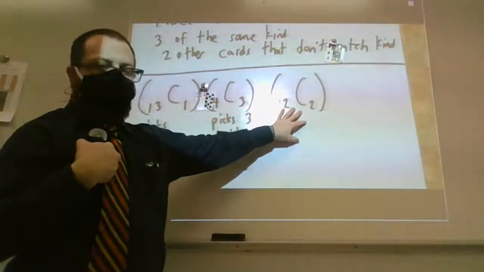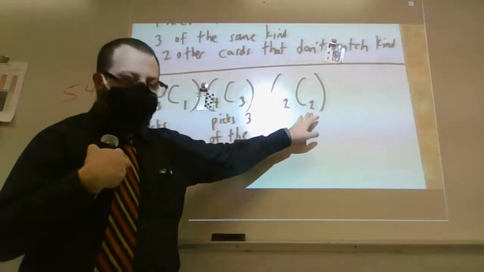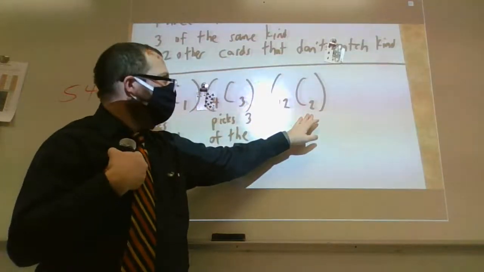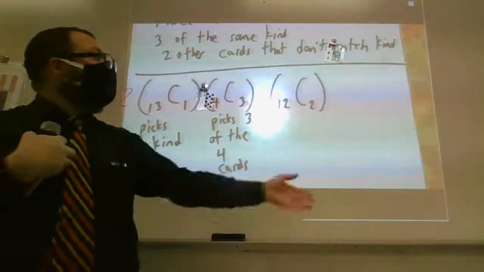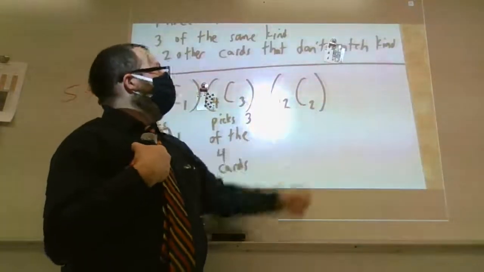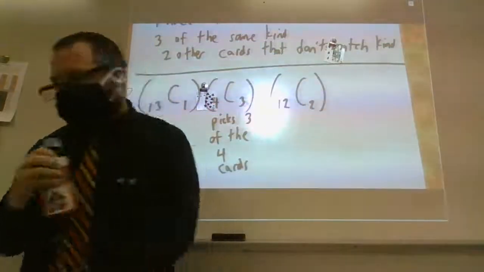This combination picks 2 brand new kinds out of the deck. In this case, 8 and queen for our example, but it could be any of the 12. We just chose those 2 for the fun of it.